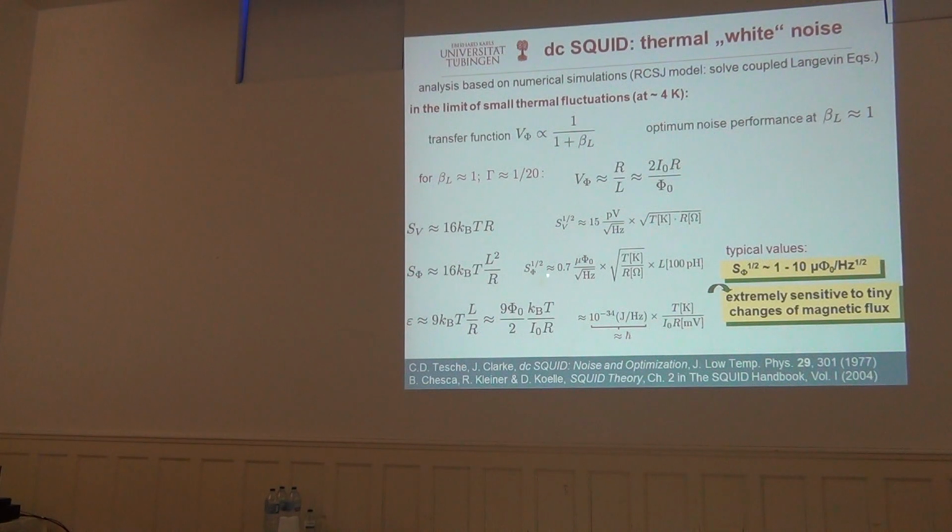So basically what this RMS flux noise tells you is that in a bandwidth of 1 hertz, this is roughly the amplitude of your fluctuating flux you can detect. So that means you can detect changes of a millionth of a flux quantum on applied flux. So squids are in fact the most sensitive detectors for detecting changes of magnetic flux.